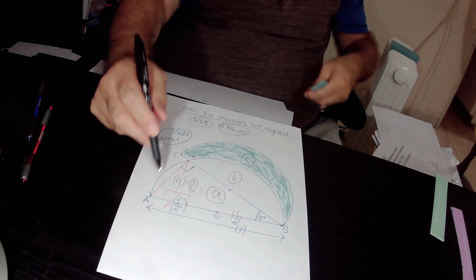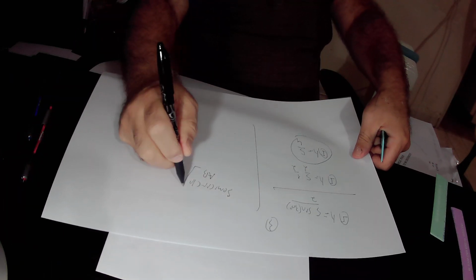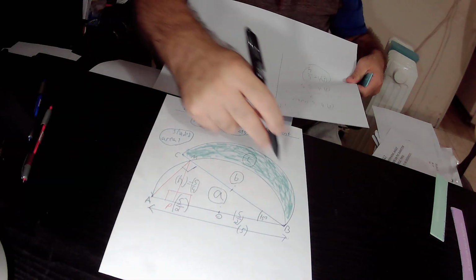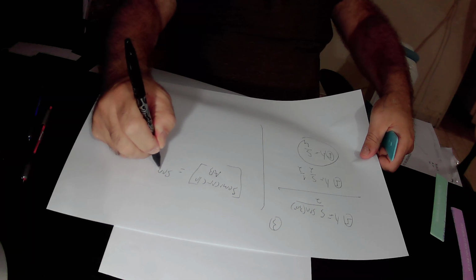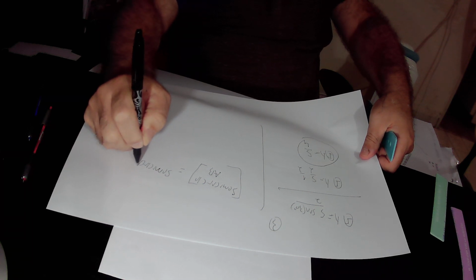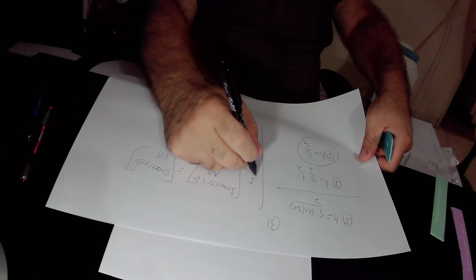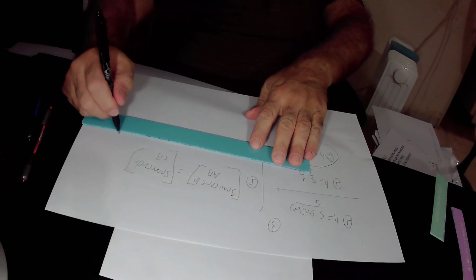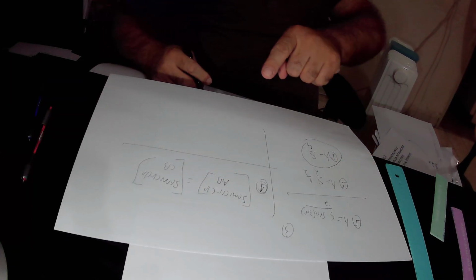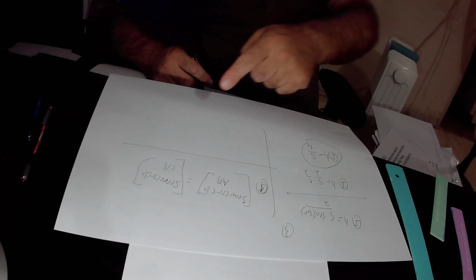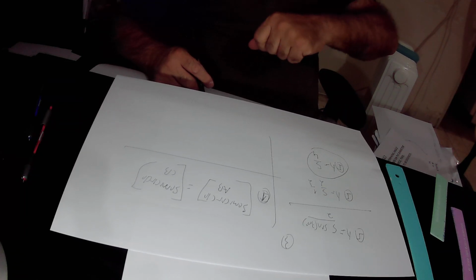That is to say, the area of this semicircle AB is equal to the area of this semicircle CB. This is equation 1. They are identical, therefore they have the same areas.